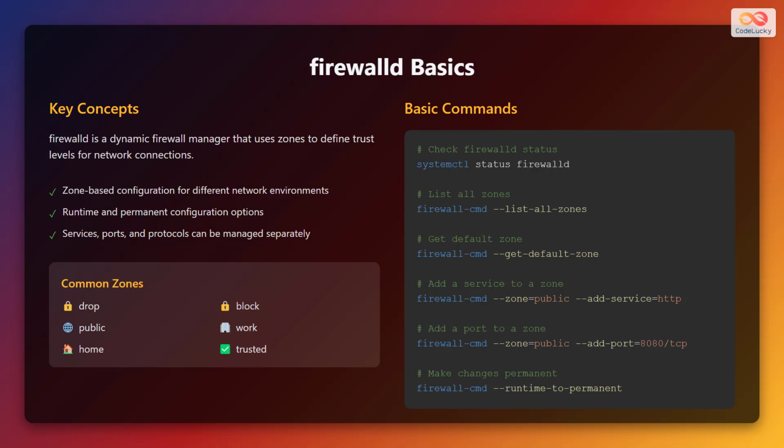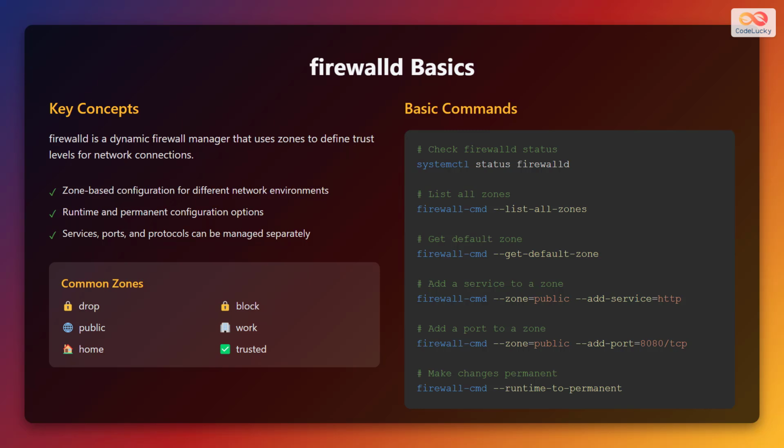Here are some basic firewalld commands. To check the status of firewalld, use systemctl status firewalld. To list all zones, use firewall-cmd --list-all-zones. To get the default zone, use firewall-cmd --get-default-zone.